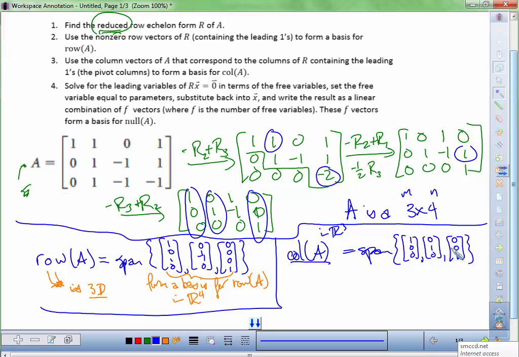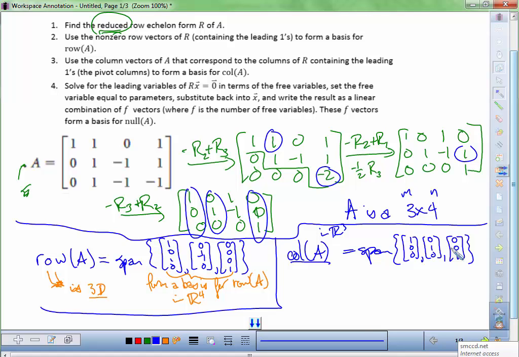True, but it's only sort of accidentally true. You have to go back to A in general, right? You can't pick out the things that are. Oh, yeah, you can. No, I think you can do this because row reduction changes the column space, right?